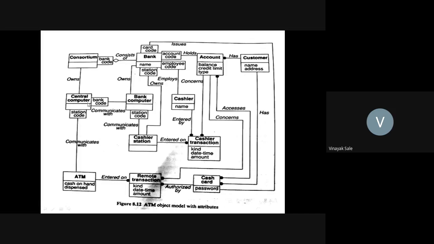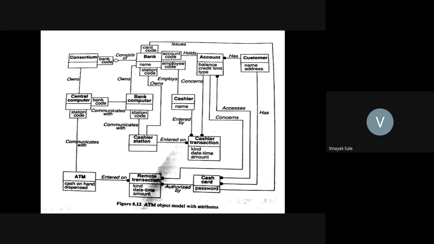The central computer is also connected to the bank computer and its own consortium, which contains the bank code, which consists of bank name, and each bank has its own bank computer with station code, with cashier stations, and each bank has a card code, station code, account code, employee code.